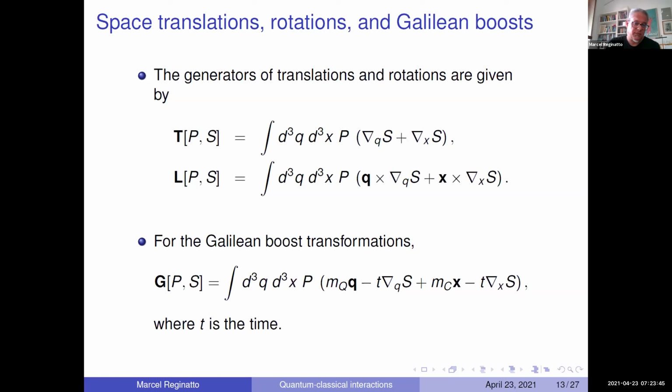You always have an average value here. Rotation has a similar expression. For the Galilean transformations, you can also take it directly from what we know of representing boosts in quantum mechanics or classical mechanics. A note about notation: I have two sets of coordinates. The Q coordinate is the coordinate of the quantum particle, and the X coordinate is the coordinate of the classical particle. And S and P are going to be functions of all the coordinates, both quantum and classical.